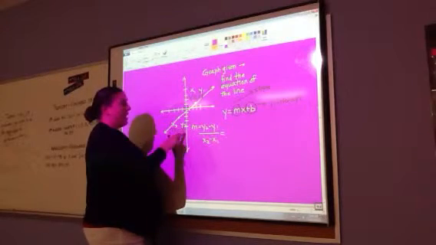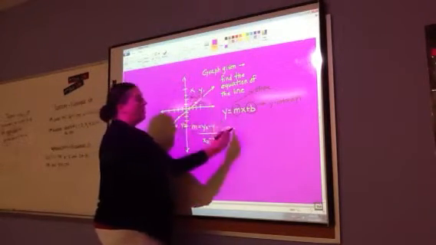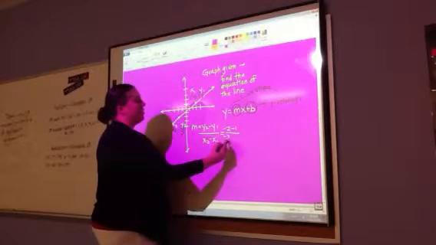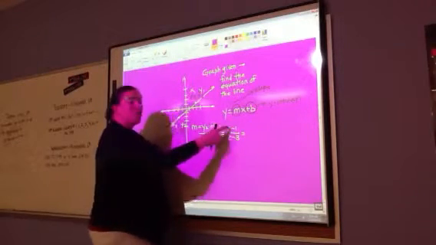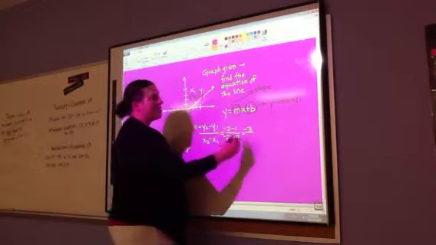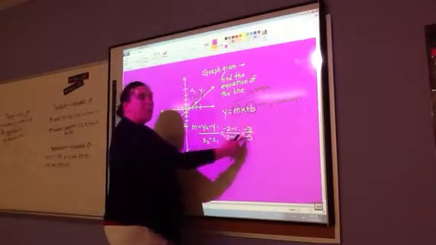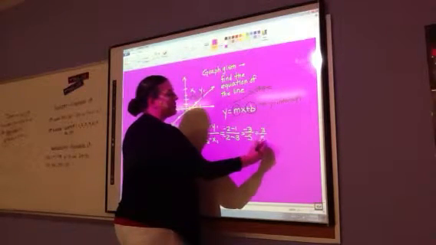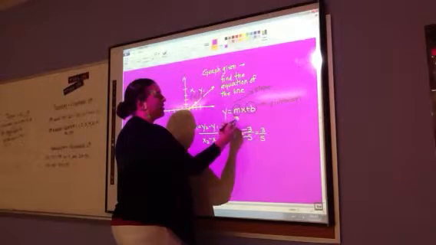So I'm going to do -2 minus 1 over -2 minus 3. So -2 minus 1 gives us -3. -2 minus 3 gives us -5. And we also have a double negative, so this is just going to turn out to be 3/5. So here's my slope. My slope is 3/5.